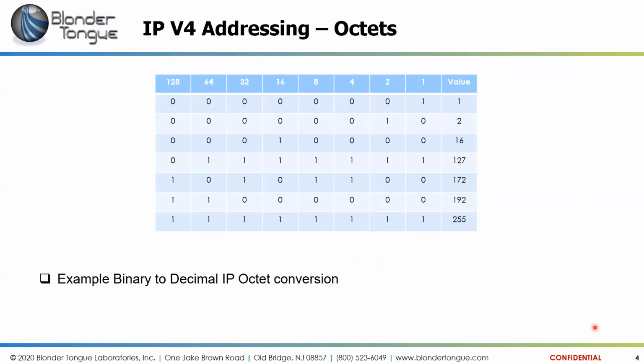Again, we have the weighting across the top of this chart, and for a value of 1, it's just 1 in the ones column, and then everything else would be zeros, all the way down through 255, which is the sum of all of the different values. Some of the common ones: 16, 127, 172, 192. That's how they would look in the binary format.